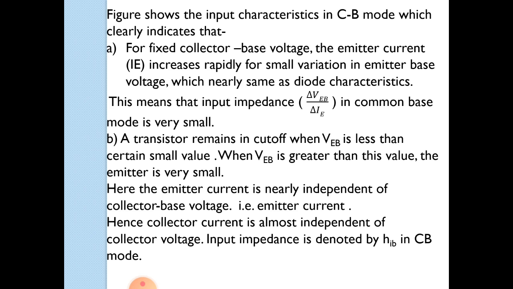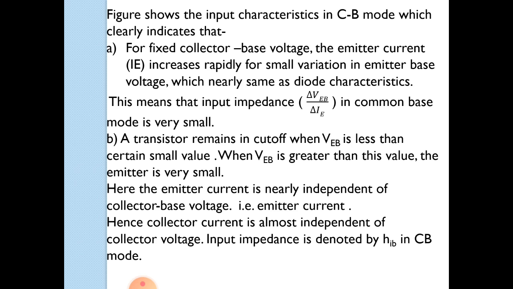Now the description of the input characteristics of CB mode. This graph clearly indicates that for a fixed collector base voltage, the emitter current increases rapidly for a small variation in emitter base voltage, which is nearly the same as diode characteristics.